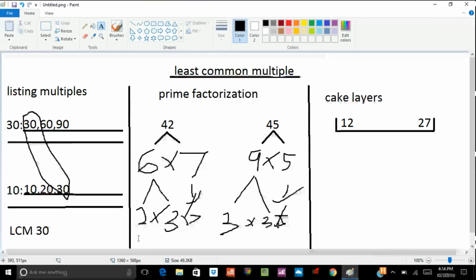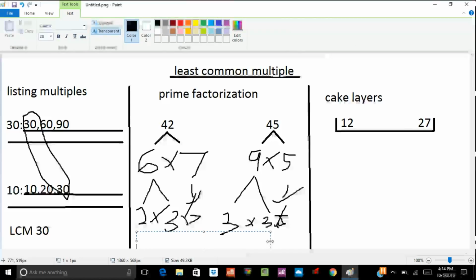So what we have for 42 is 2 times 3 times 7. And 45 is 3 times 3 times 5.